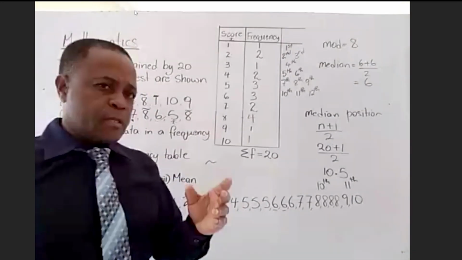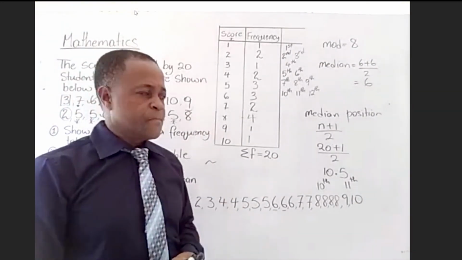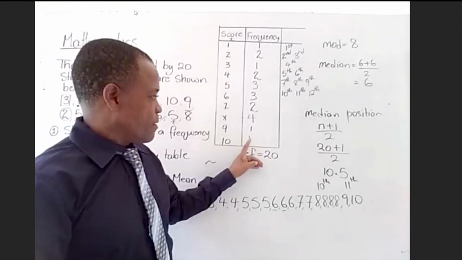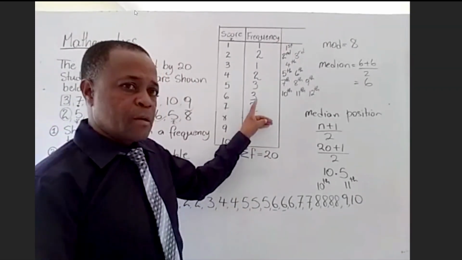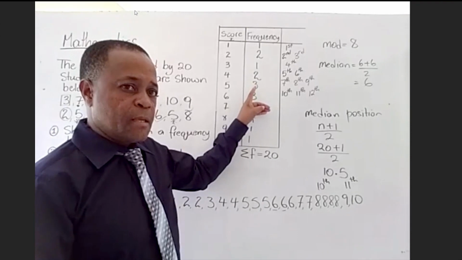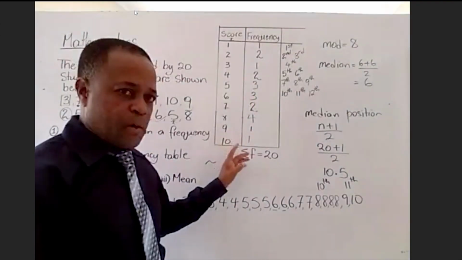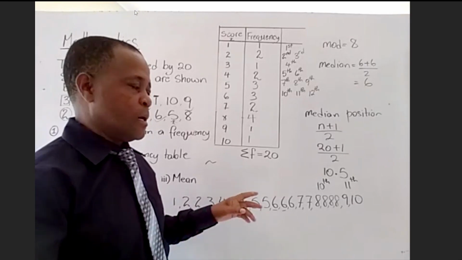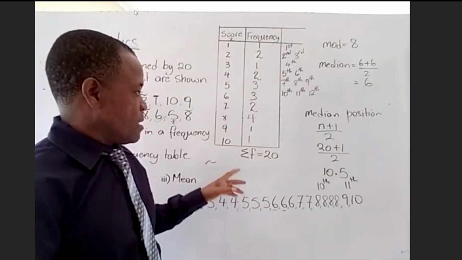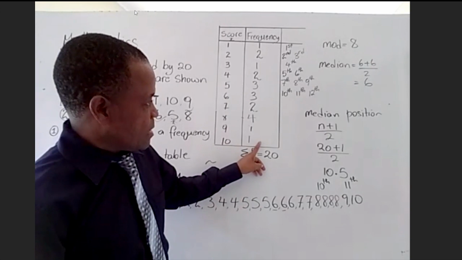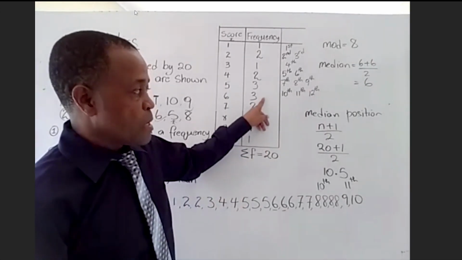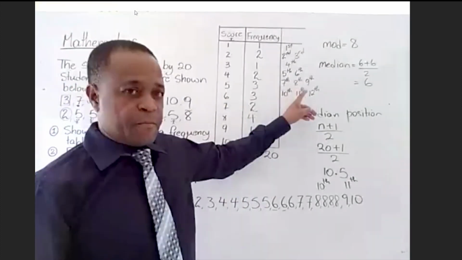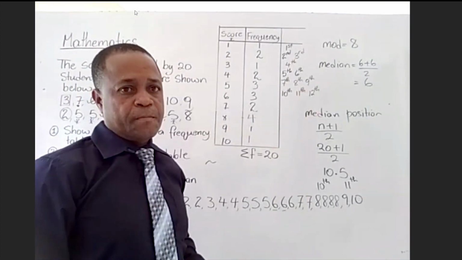Now, I can also say to you that if you decide to check from here, going in that direction, let's say you're thinking about it in ascending order or descending order, if I start checking the position going up, you will end up finding out that 6 will fall in the 10th and 11th positions just the same.